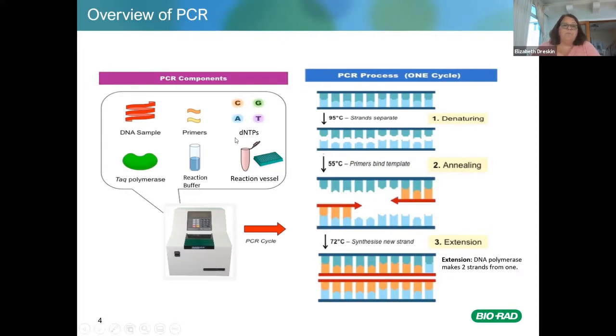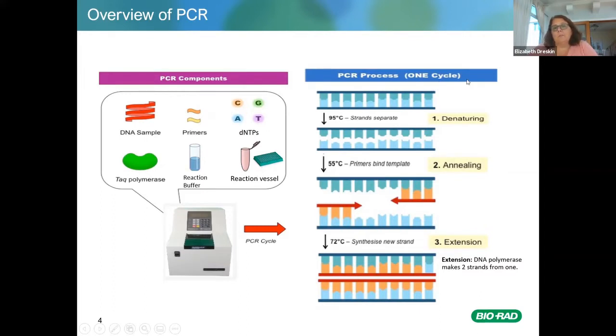Along with the Taq polymerase is a reaction buffer to allow the polymerase to work optimally. Then we have a DNA sample. We have forward and reverse primers that are complementary to our sample. Deoxynucleotides to allow for the extension and copying of the sequence, and then whatever reaction vessel people want to use, small tubes, 96 well plates, 384 well plates.